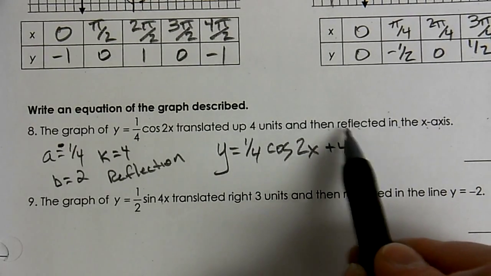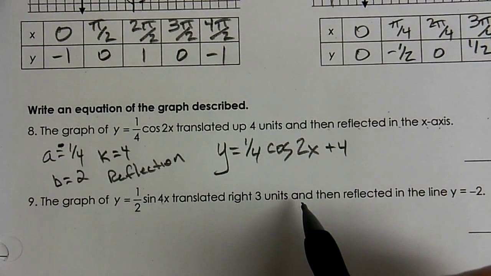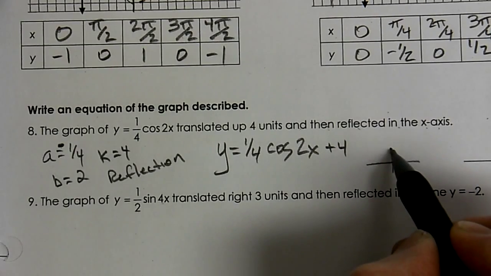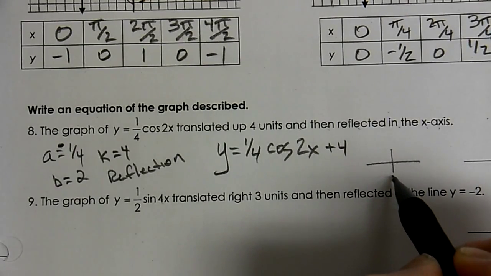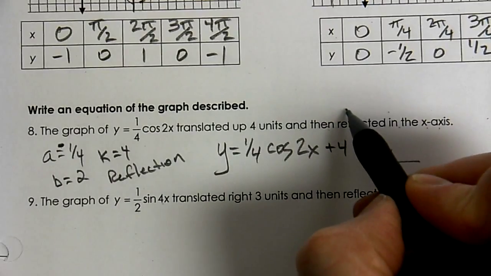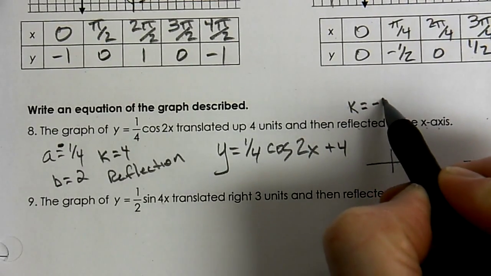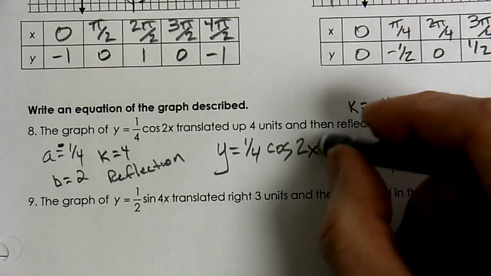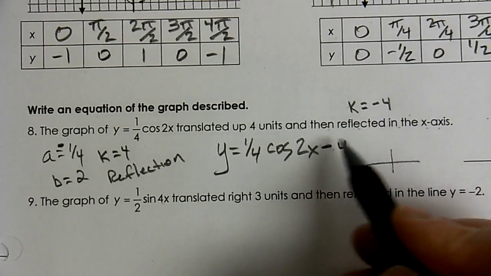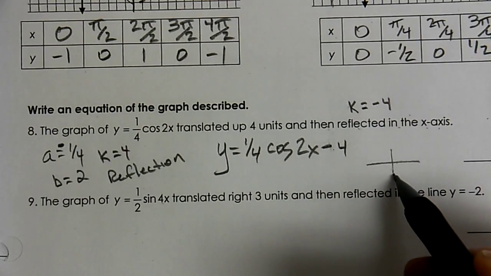So we're going to go up 4 units, flop down 4 units when we reflect this. So we're going to have our graph actually down 4. So our new k value is going to be negative 4. Because we're going to move it up, then we're going to reflect it, which drops it all the way back down.